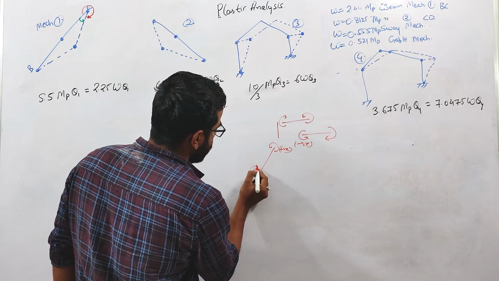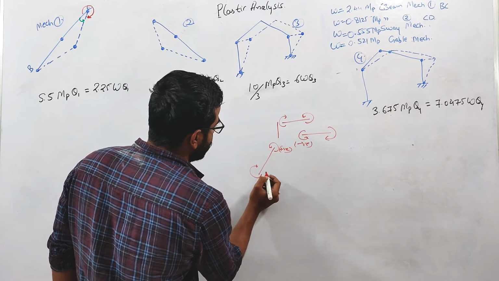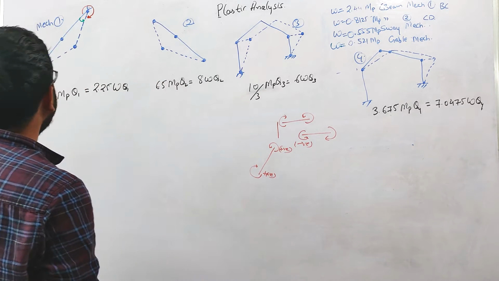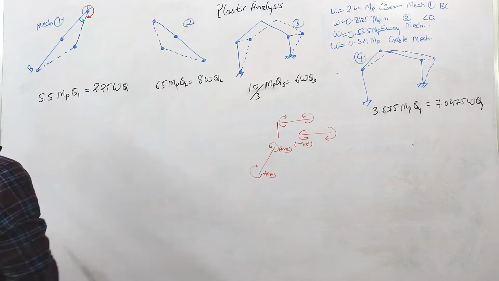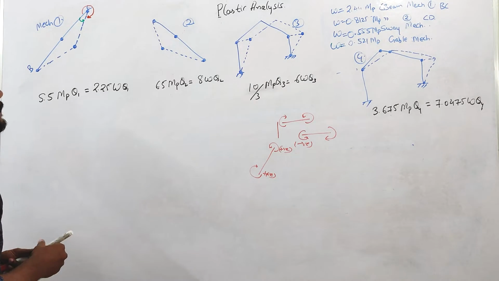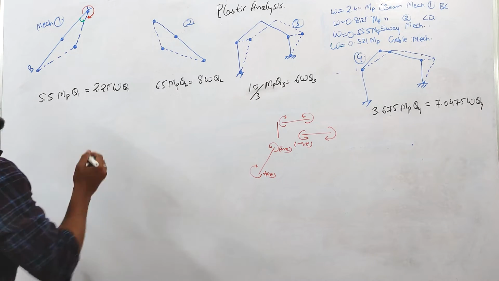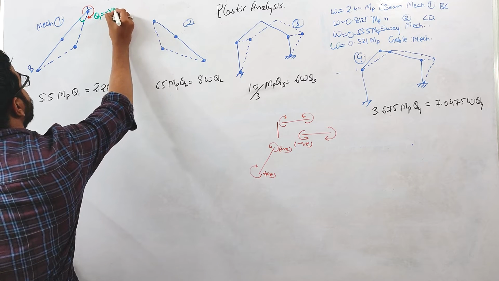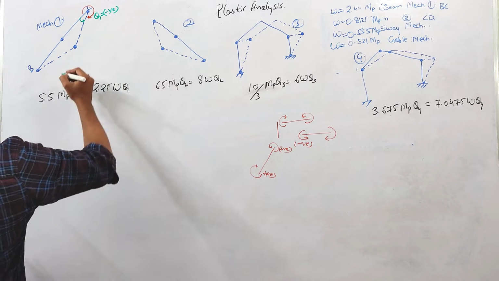And here this moment is producing compression outside again, so this will be positive, right? Here you can see that due to this moment, the compression is inside of the frame, right? So theta 1 is negative.